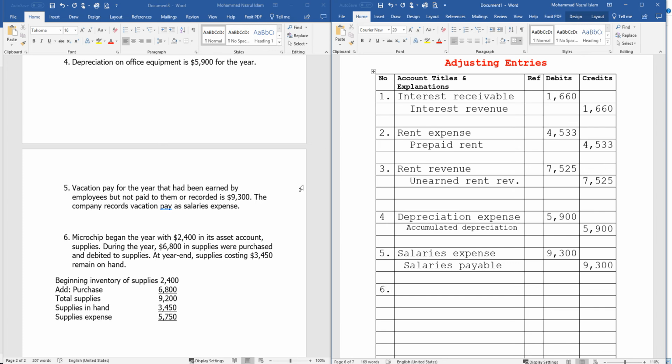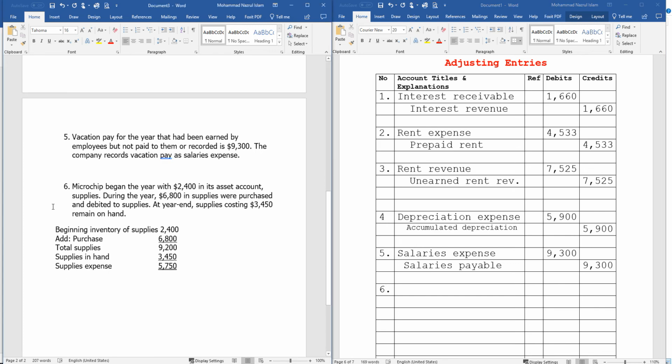and number 6, this is an interesting problem. So Microchip began the year with 2,400 in its asset account, that is supplies, and during the year the company purchased 6,800. At the year end, supplies costing 3,450 remain on hand. So this is the calculation of the supplies expense.